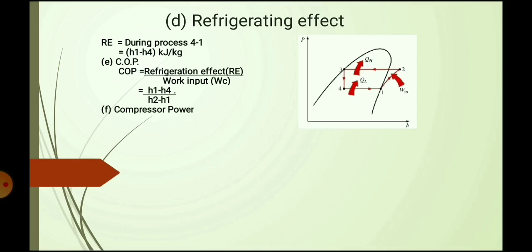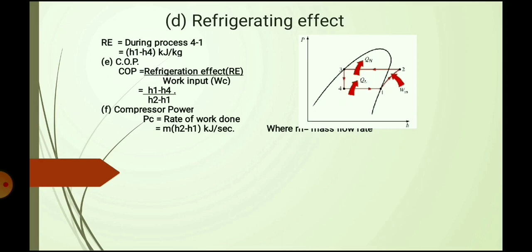Clear? Next one is the compressor power. We all know power is equal to rate of work done. If mass flow rate is equal to m, in that case Pc, power of compressor, is rate of work done. Therefore this will be equal to m multiplied by H2 minus H1. Why? Because H2 minus H1 is the compression work, but we have to calculate the rate of work done, that is why we have to multiply it by mass flow rate.